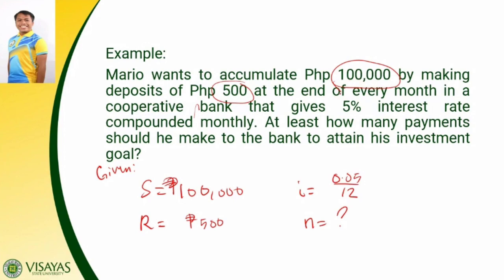Okay. So in the formula, di ba given ta S, given ta R, given ta I. So we can actually use the formula S is equal to R times (1 plus I raised to N minus 1) over I. Correct me if sa'yo pa ako formula ang gigamit.